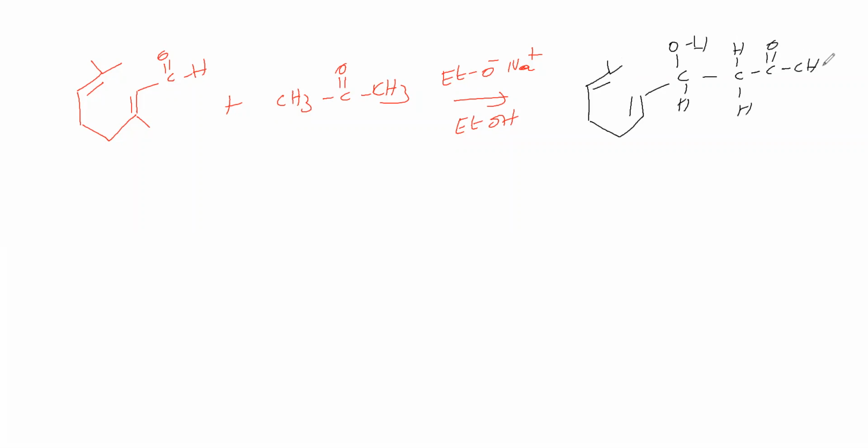Like this you will get. This methyl group is present as it is. Next, on warming, it leaves a water molecule. So what we are getting is CH double bond CH, CO, CH3.